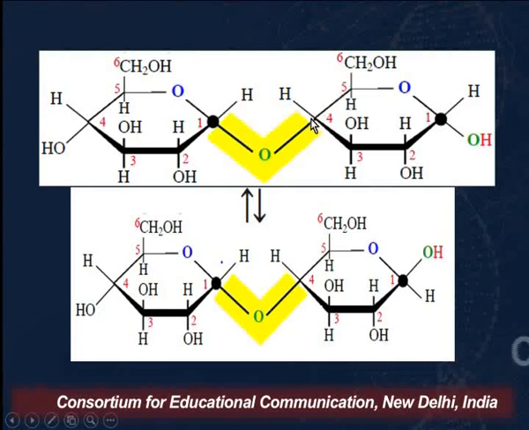But what is important to note is that the orientation of the glycosidic bond has not changed even after mutarotation. It is only the orientation of the OH at the anomeric carbon which has changed, and this has locked in the glycosidic bond.